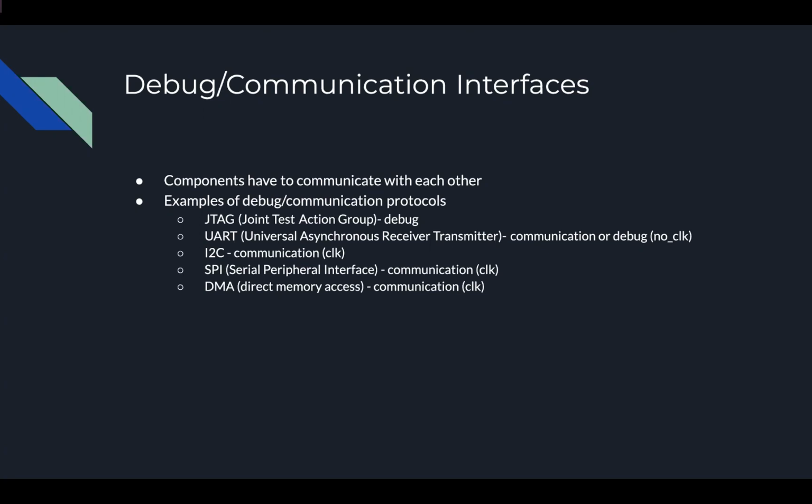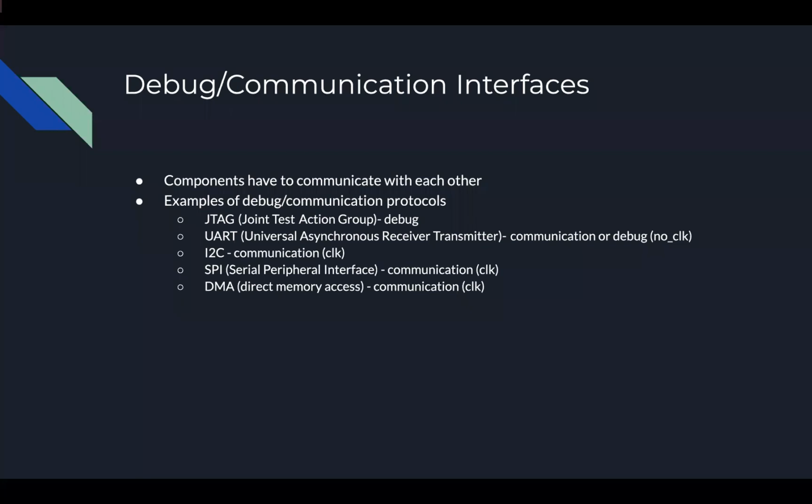So UART usually is either a communication or debug port. When it's used as a debug port, it's more common in embedded devices that are running Linux, and it's used to give you a Linux shell over UART the same way as if you would SSH into a computer.